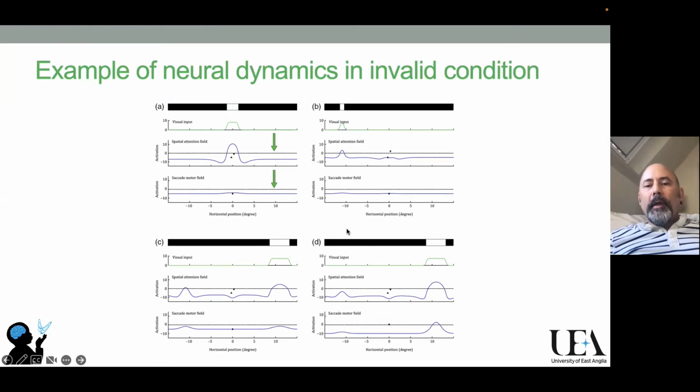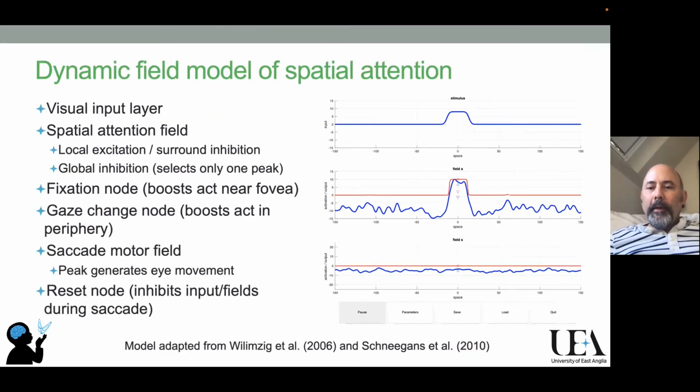Okay, here I have a slide giving you a flavor for how the model actually works. This is an example of the neural dynamics in the model in the invalid condition. You'll notice if I flip back and forth between these 2 slides, this is the model with realistic developmental noise on the model. So you can see the activation pattern shown in blue is quite wavy.